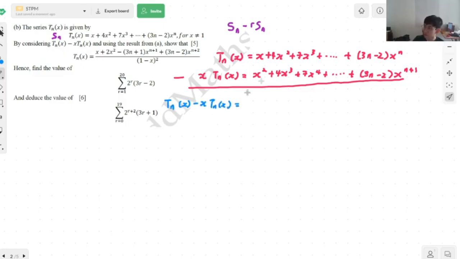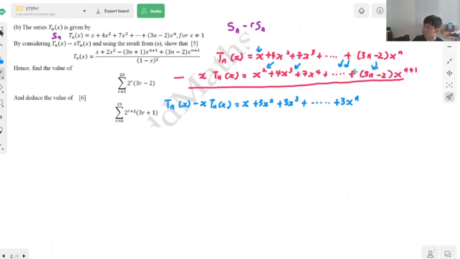So if you can see for sure, the first one, x here, cannot minus anything. So I just write x. 4x squared minus 3x minus x squared, minus the bottom here. So you get 3x squared. 7x cubed minus this, you get plus 3x cubed, and goes on. Okay, you keep on minus. So you can see that at the end, it will be plus 3x power n before the last part here.